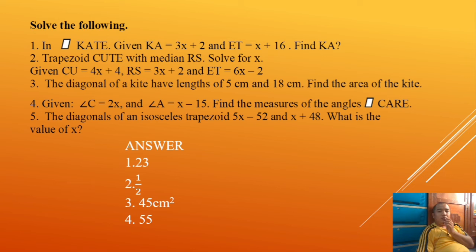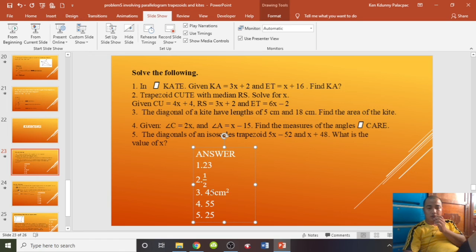Find the measures of the angles in the parallelogram. Meaning lahat ng angles yan. So check natin, solve natin for number 4. 3x is equal to 195. 195 divided by 3 is 65. 65 yung x. Okay, x equals 65.